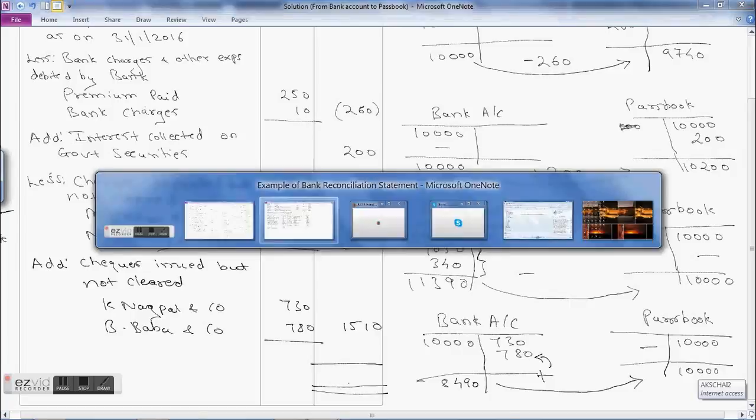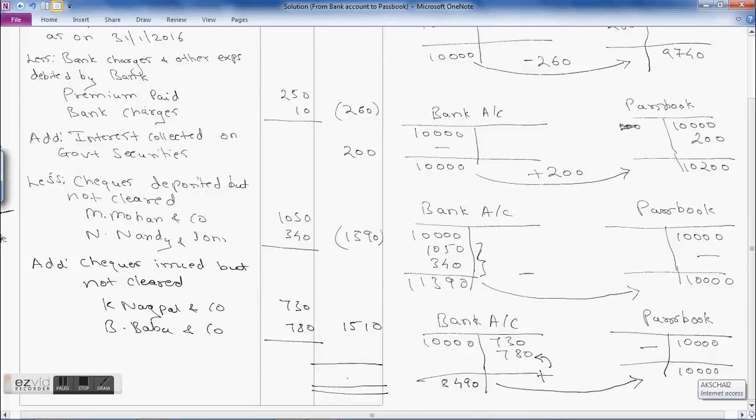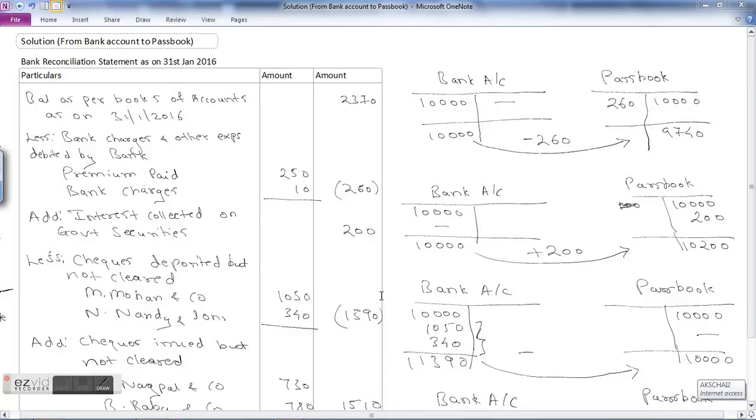Okay, all the transactions we have covered. You can see here 2370 is nothing but balance as per bank account, so that need not be considered. Now if we see this, we consider balance as per books of accounts, and then we reduce and add all these other items of reconciliation. What we should be getting at the end is balance as per our passbook. Okay, bank passbook.